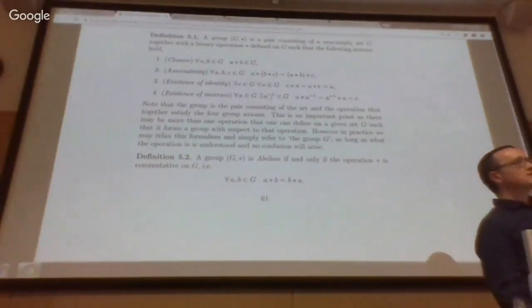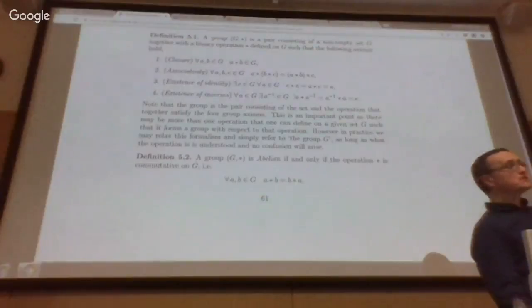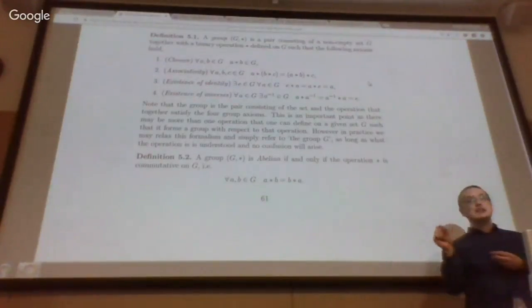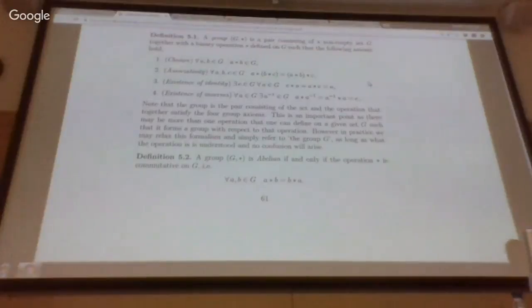In this notational setup, it's denoted A superscript -1, and it's read in English as A inverse. It has the property that when you take the product of A with A inverse in either order, you get back the special element E, the identity element, which was mentioned in the previous sentence.